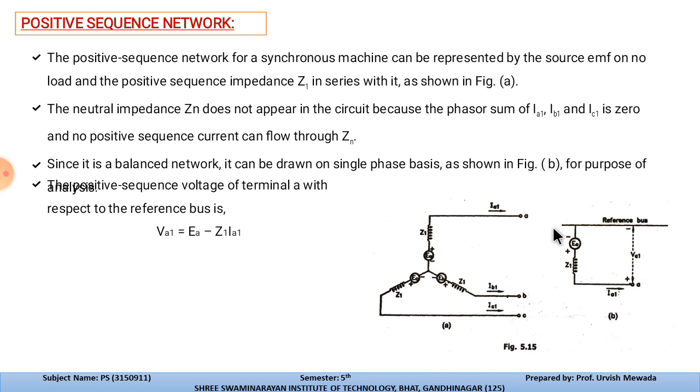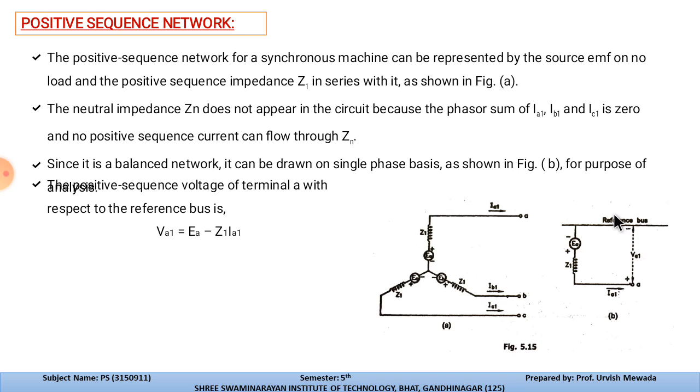Now the Va1 will be Ea minus the voltage drop across the network impedance. We have the impedance Z1, and the current transferring through it is Ia1. So the equation of this positive sequence network, when we want to find the voltage whenever unbalancing or an unsymmetrical fault arises, is Va1 equals Ea minus Z1 Ia1.